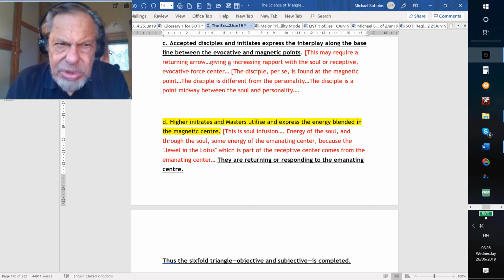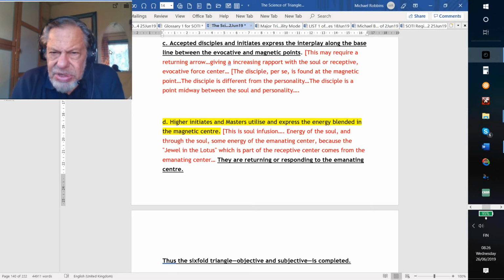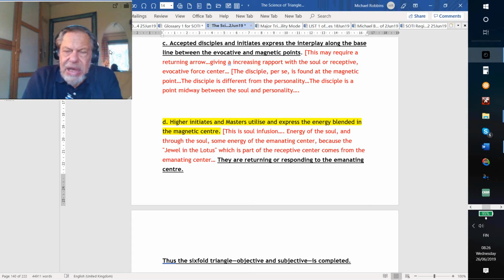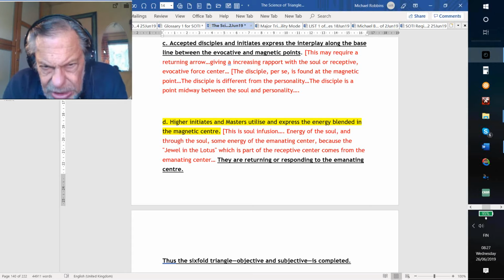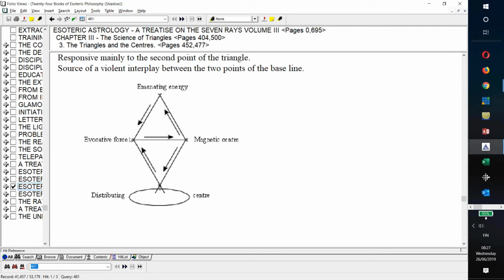The jewel in the lotus has been a little bit absorbed, and that is coming from, in a sense, the emanating center. So that's the condition of the evocative force center and the magnetic center the second time around.